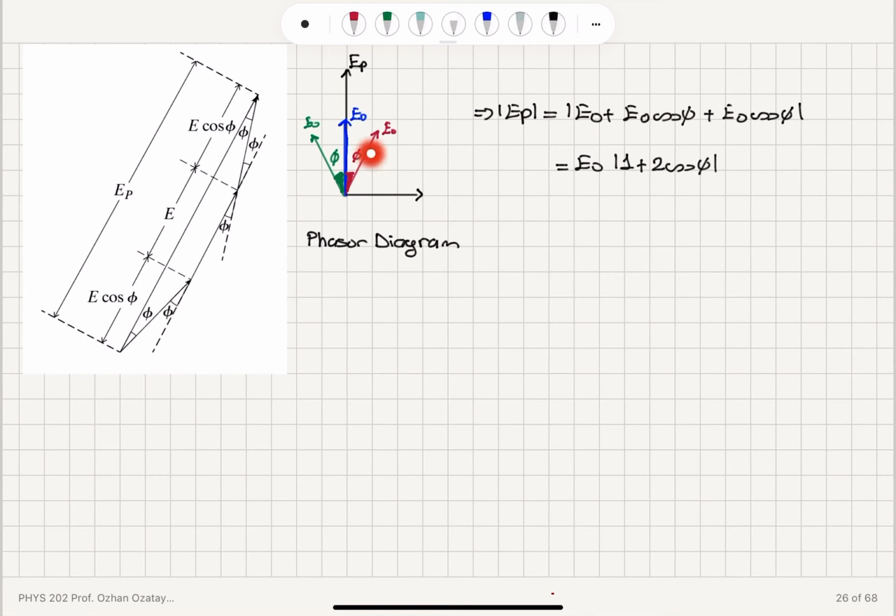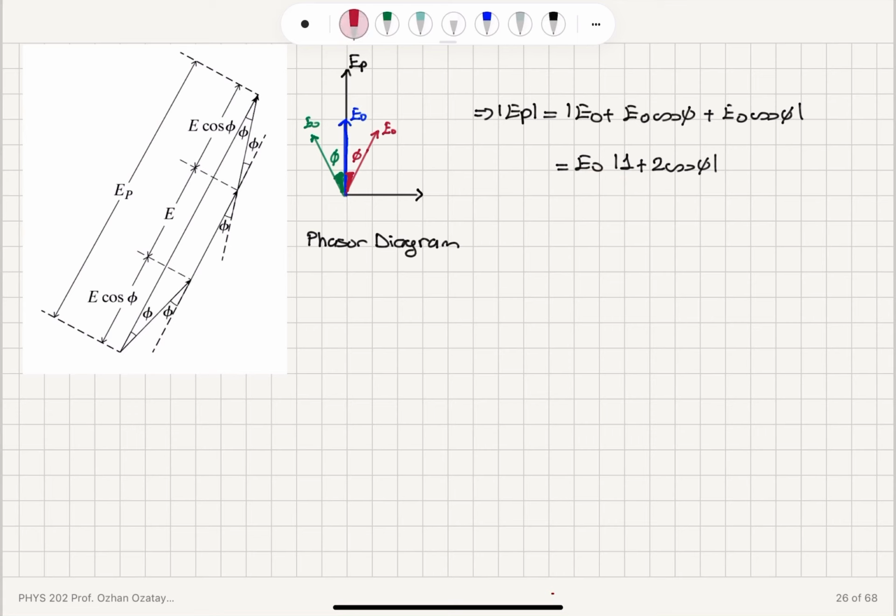So drawing the electric field phasors at point P, we can add them up to get the total magnitude. The magnitude of the electric field at point P is shown by the y-axis here. So we take the projections onto the y-axis for these phasors and we obtain the total electric field magnitude.